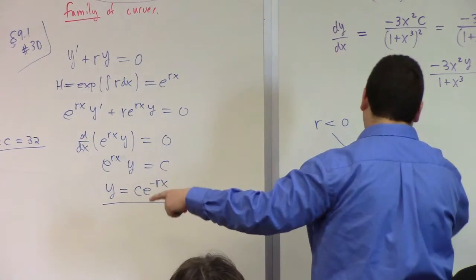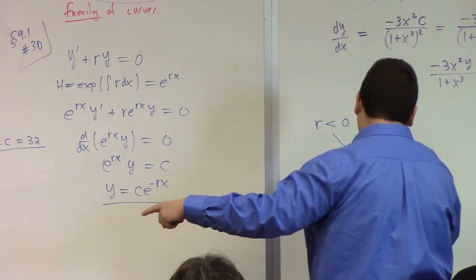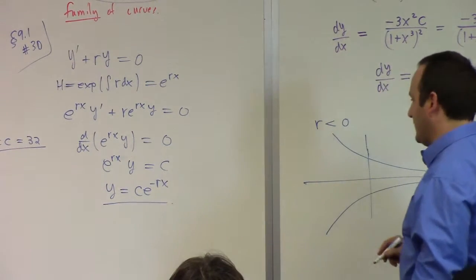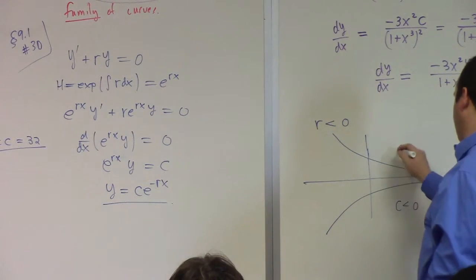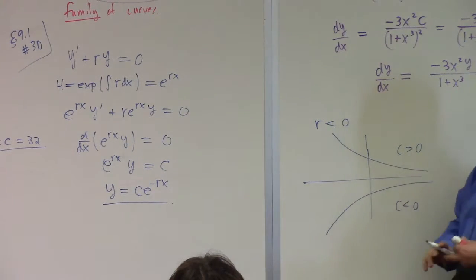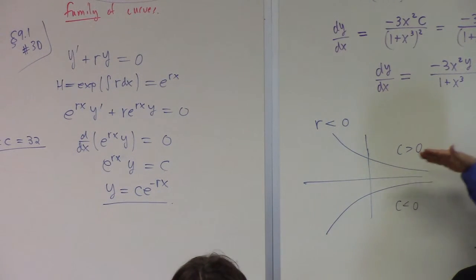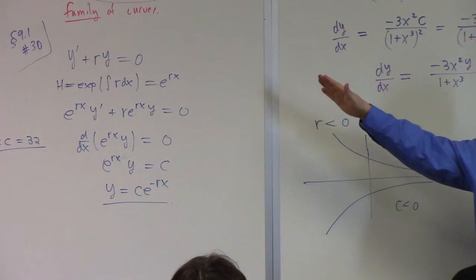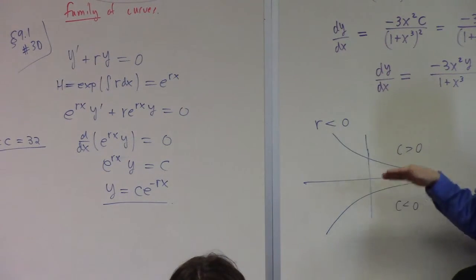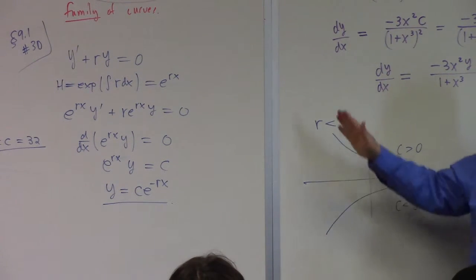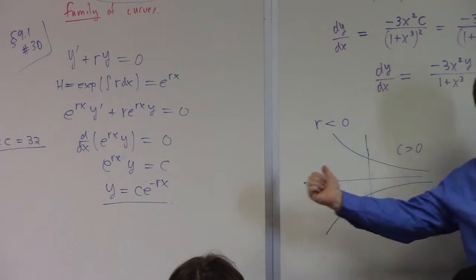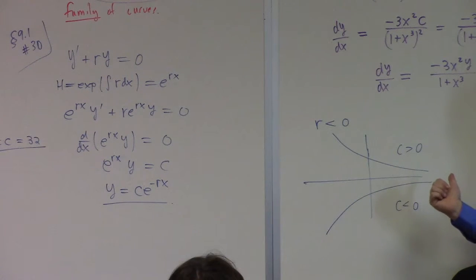It's one of these guys, or it's one of these guys. Either way, as x goes to minus infinity, you have the exponential of a positive infinity, which is infinity. So it blows up either to minus infinity or to infinity as you go to the left. And both of those solutions asymptotically go to 0 as you go to the right.